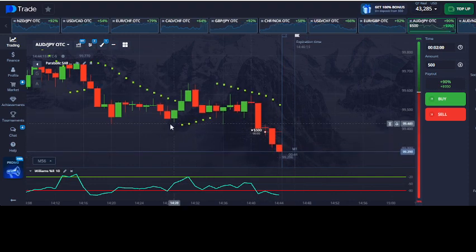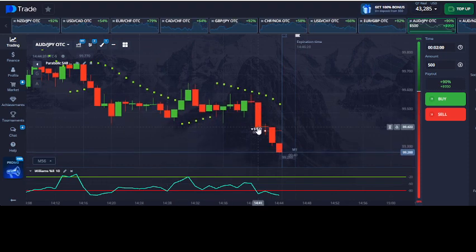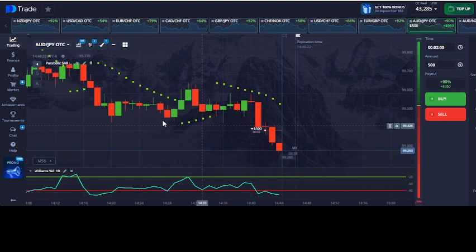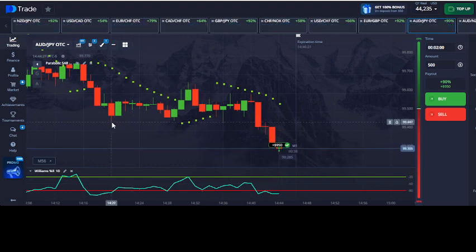Just an aside here, the price also broke this big candle here. This big red candle broke below this level of support here and closed below the support.